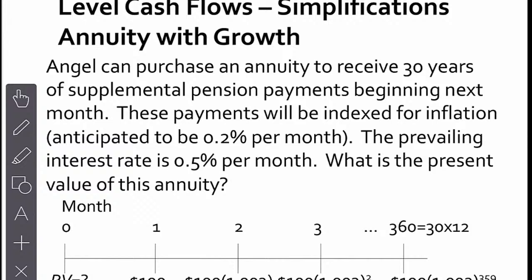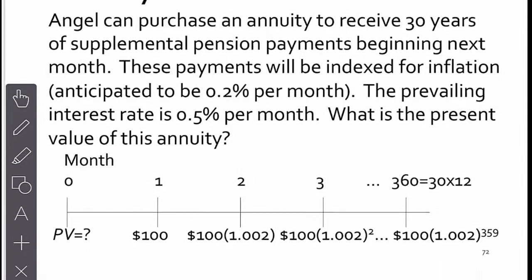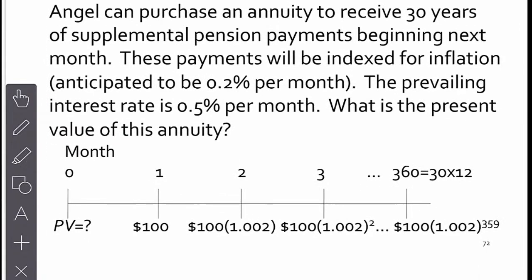Annuities with growth. So we took a little break, a detour from annuities, and I returned to annuities. Angel can purchase an annuity to receive 30 years of supplemental pension payments beginning next month.